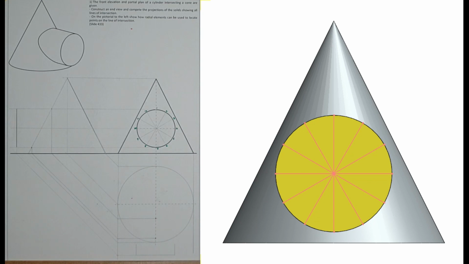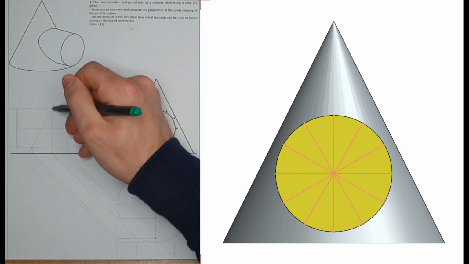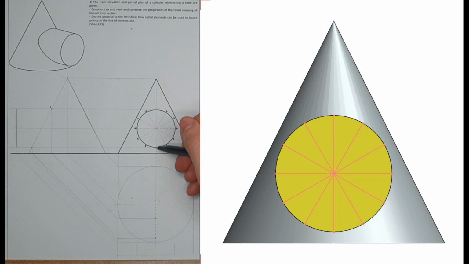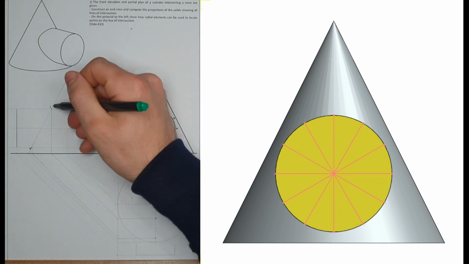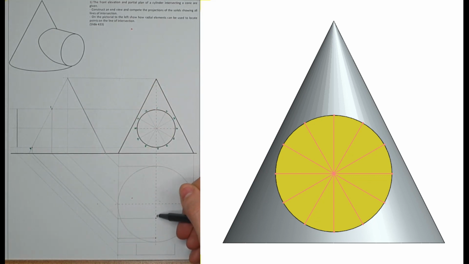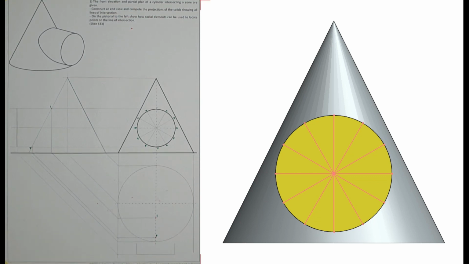Well, those 12 divisions right there will give me a series of points. If I can find one in every view, which I've already done because it's on the extreme generator, it is right out here at 1. I've also found 7 over here. I've found 1 down in plan, and I have found 7 down in plan. So that's a start. That's all it is. What can I do next?